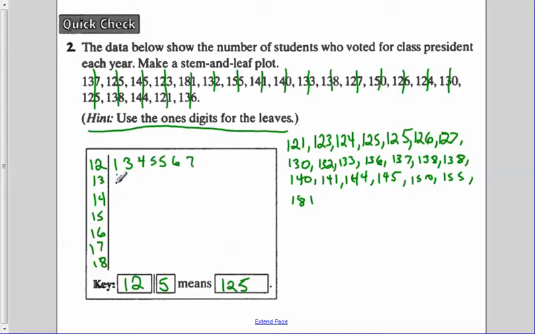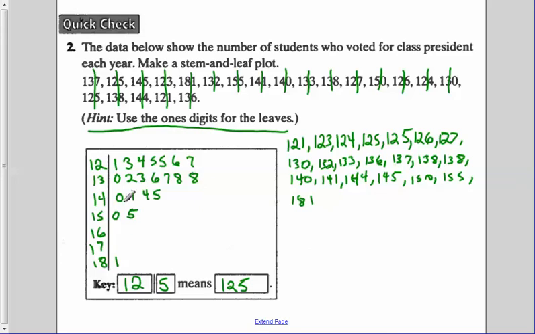I have 130, 132, 133, 136, 137, 138, another 138. There's a 140, 141, 144, 145. There's a 150, 155. There were no 160s or 170s, but there was a 181.